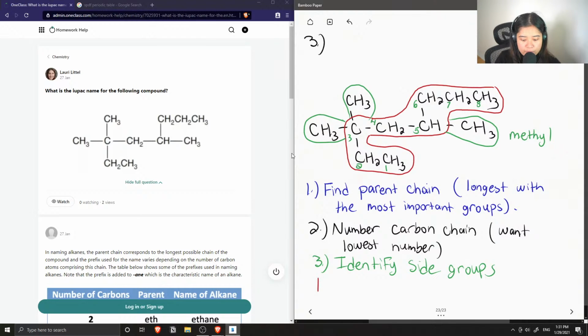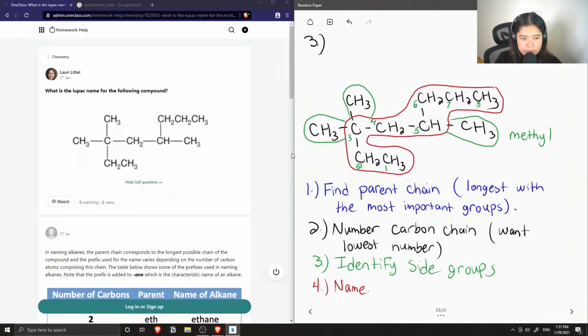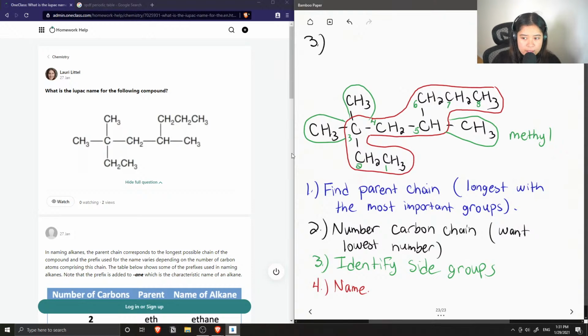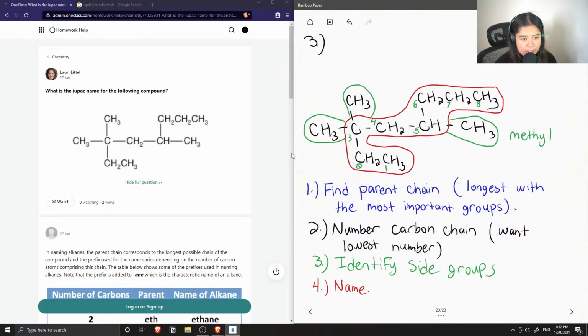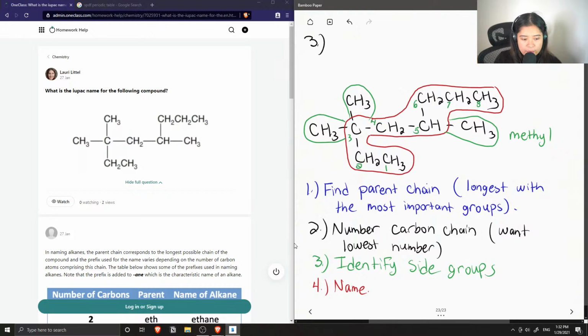And now step 4 is to finally name our compound. We want to name our substituents first. In this case, these are the methyl groups, and I have 3 methyl groups in total. To show which carbons my methyl groups are on, this is where I would number.